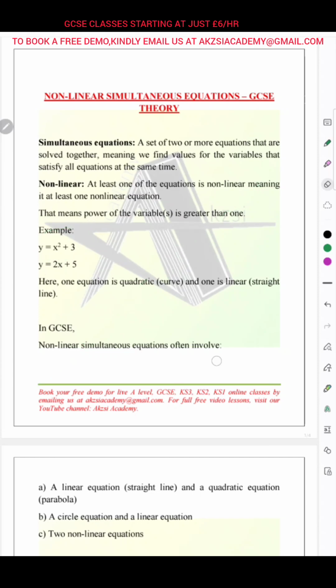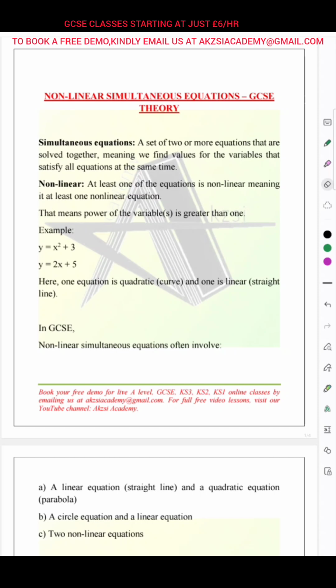Let me show the rest of the part, how to solve this, because this is the basic knowledge of graphical interpretation that I told you. The next video will be properly on the graphical interpretation of linear and non-linear equations, when both are linear, both are non-linear, or one is linear and one is non-linear.